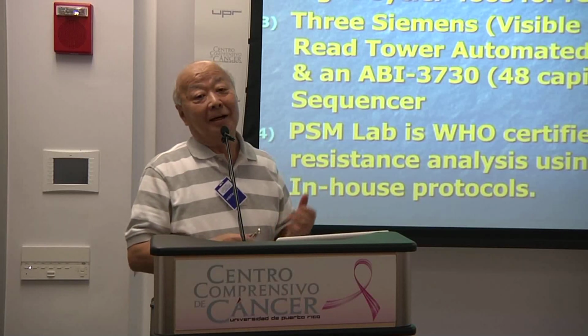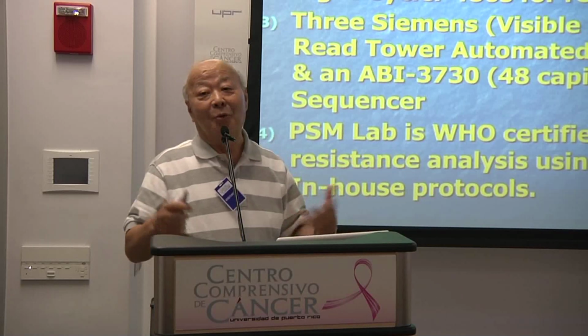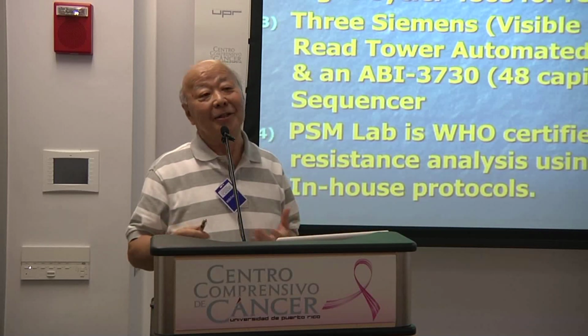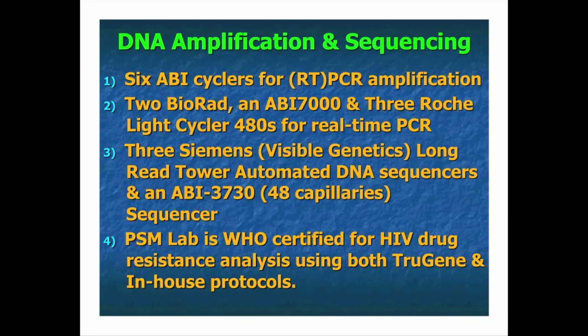We can do the DNA sequencing, but what you do with the sequences is your game, not my game. As I said, 6 ABI cyclers, 2 Biolab ABI 7000, and 3 LightCycler 480 for the real-time PCR, and 3 Siemens long-read tower automated DNA sequencers, and ABI 3730 with the 48 capillary.